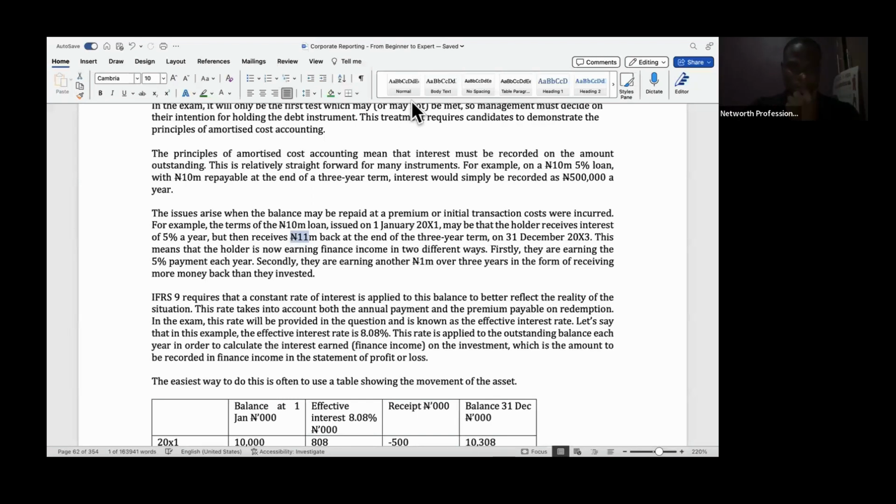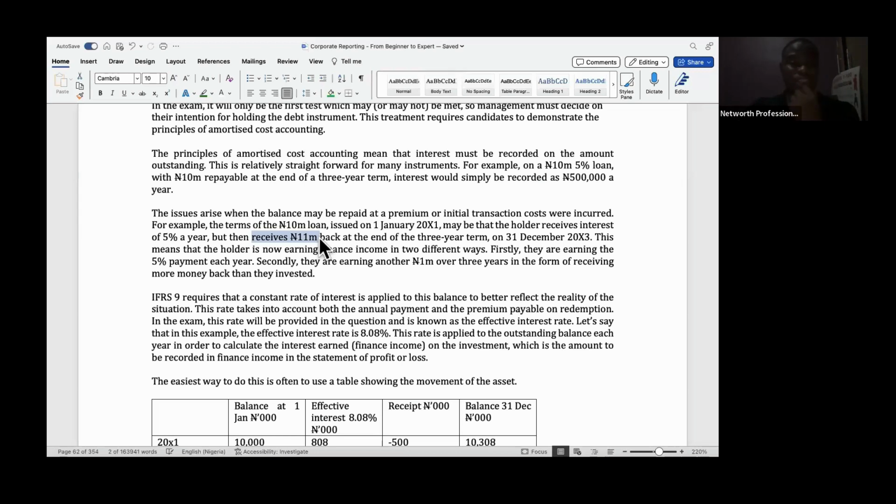That's absolutely correct. Now, the challenge is this. The 5% is clear that he's going to get it every year, and he's going to put it in P&L every year. That extra 1 million, which is a premium, because he invested 10 million and he's getting back 11 million, he's not going to get it until after the third year.